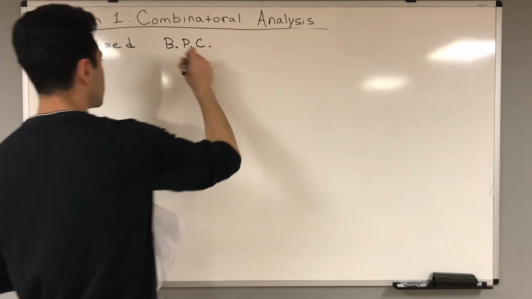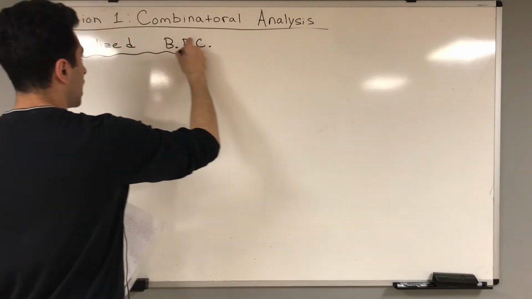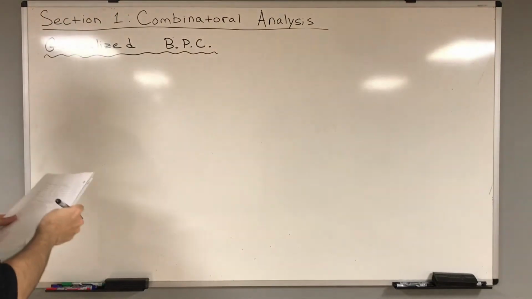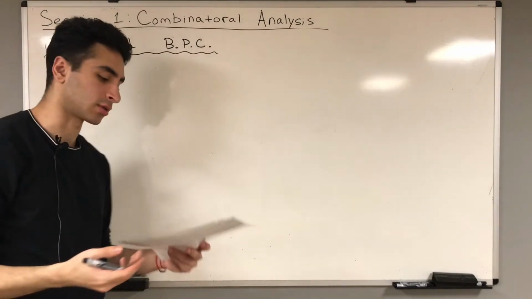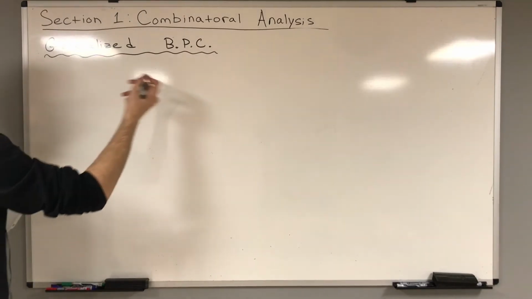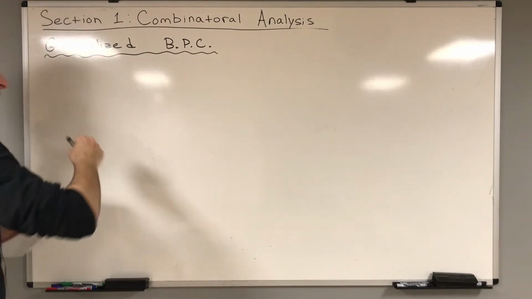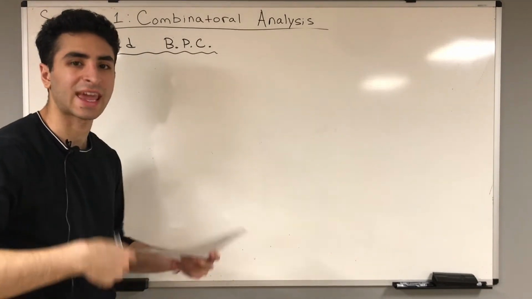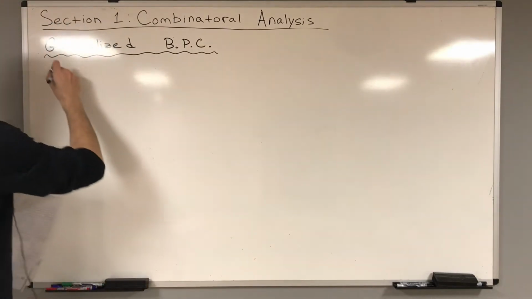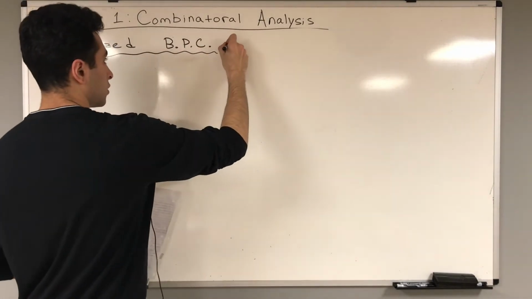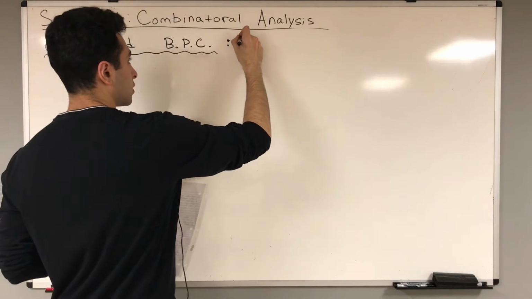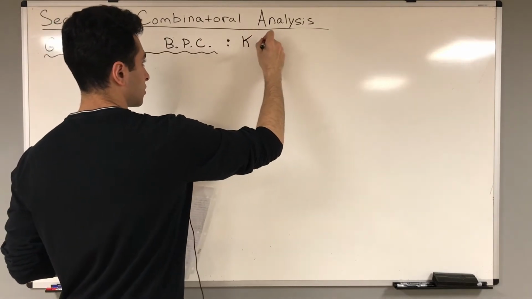I'm just going to write a shorter version of this, but you'll understand what's going on. So instead of having 2 experiments, we have k experiments, okay? So you have k experiments.